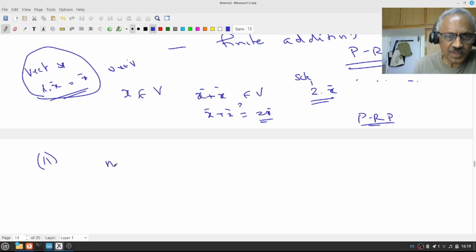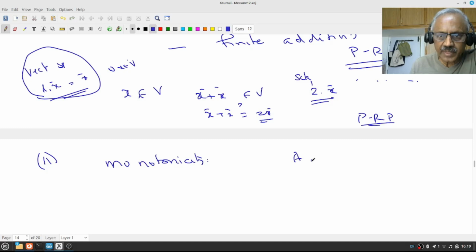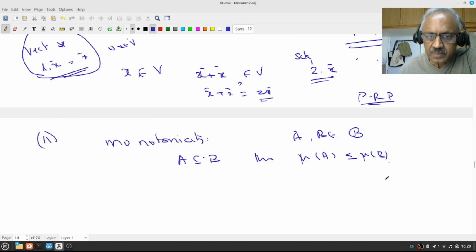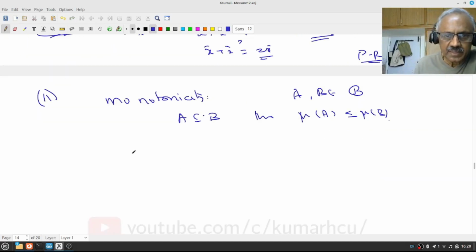Now the second thing is monotonicity. What is it? If A and B are in script B, measurable, and if A is contained in B, then mu of A is less than or equal to mu of B. This again is easy because remember, B I can write as A union (B minus A).